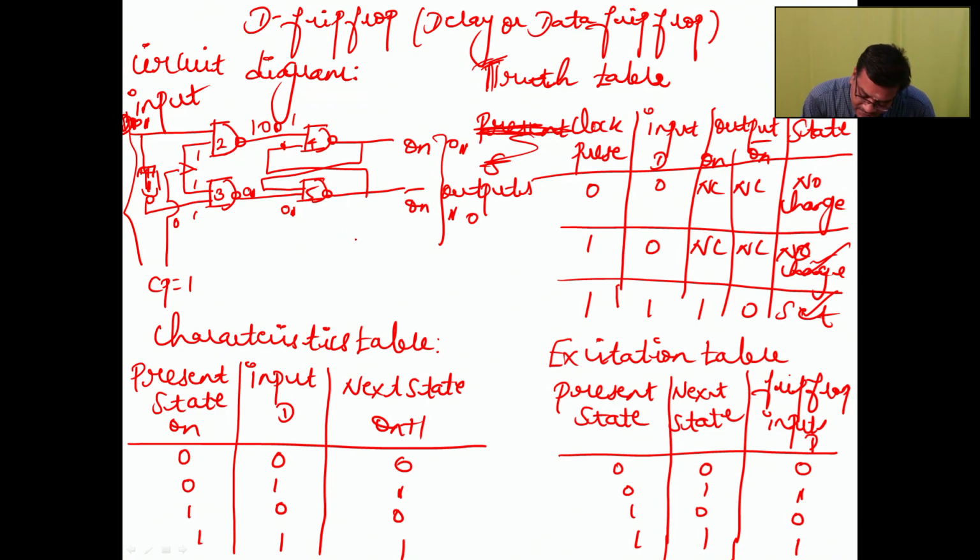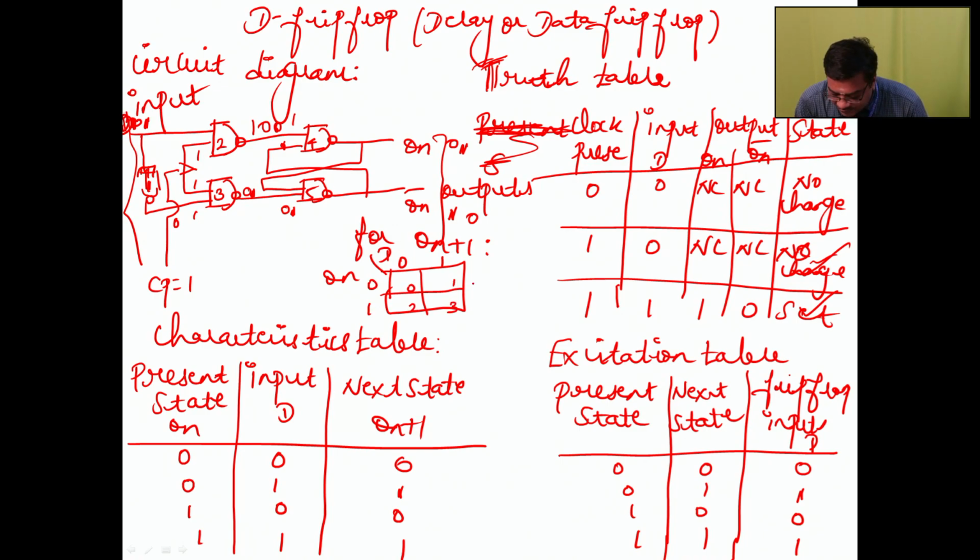So the characteristic equation for Qn plus 1. For Qn plus 1, the characteristic equation, we are going to use a two variable K-map with cells 0, 1, 2 and 3. For 0 0, what is the output we will get? 0 0, the output is what, and 0 1, what is the output?